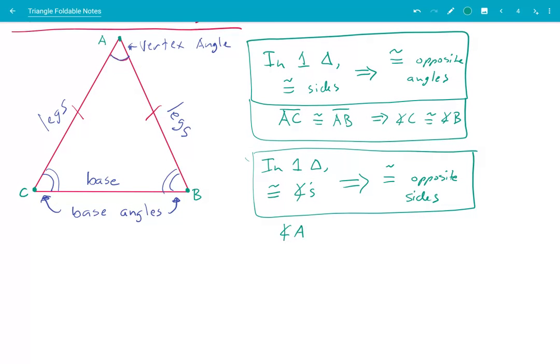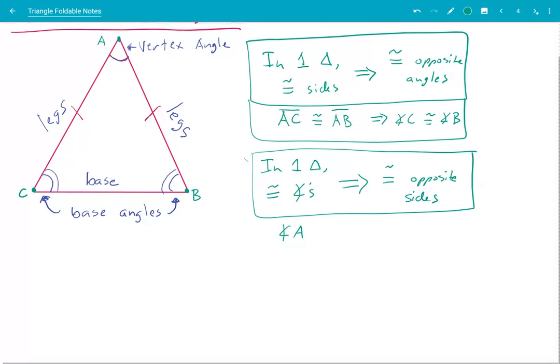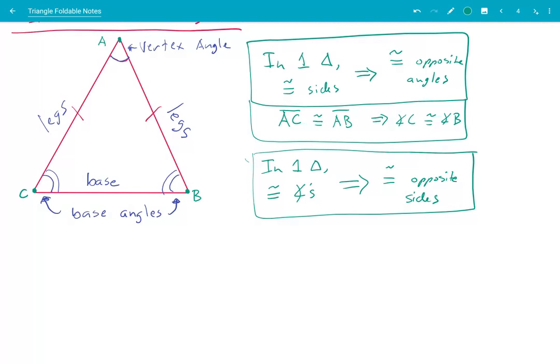So if angle C is congruent to angle B, then that implies that AC is congruent to AB. There we go. Alrighty. So that's what we know about isosceles triangles.